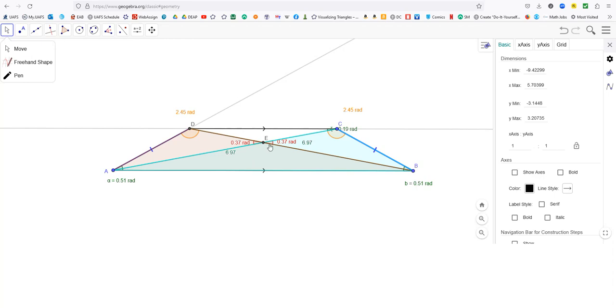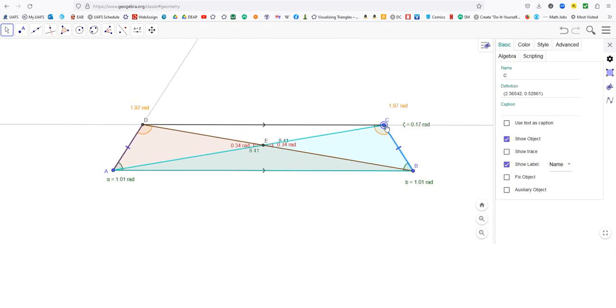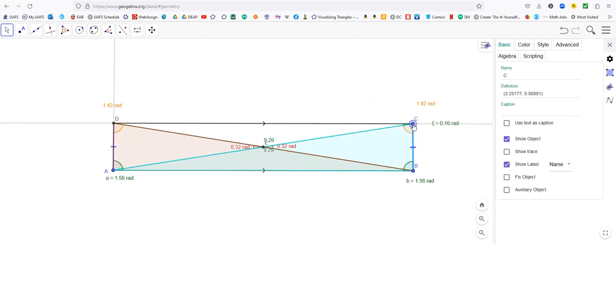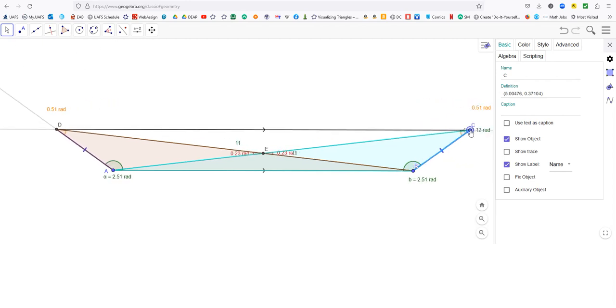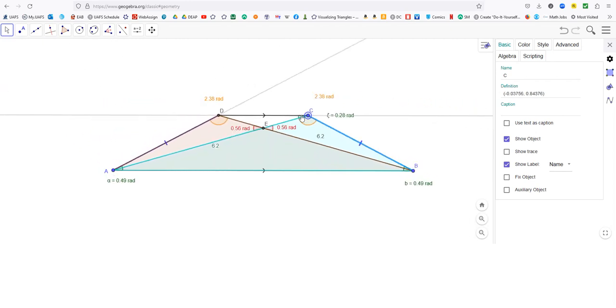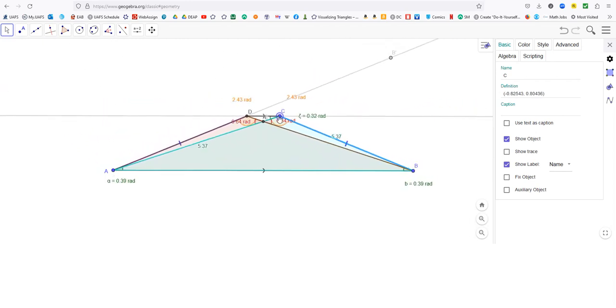And they're similar. They've got all the angles the same size, corresponding angle measures are the same, but they're proportional in size. We could even try to figure out what that proportionality constant is. It may actually depend on where we put it. For example, they could actually be congruent if it's a rectangle, or it could be quite a bit shorter.